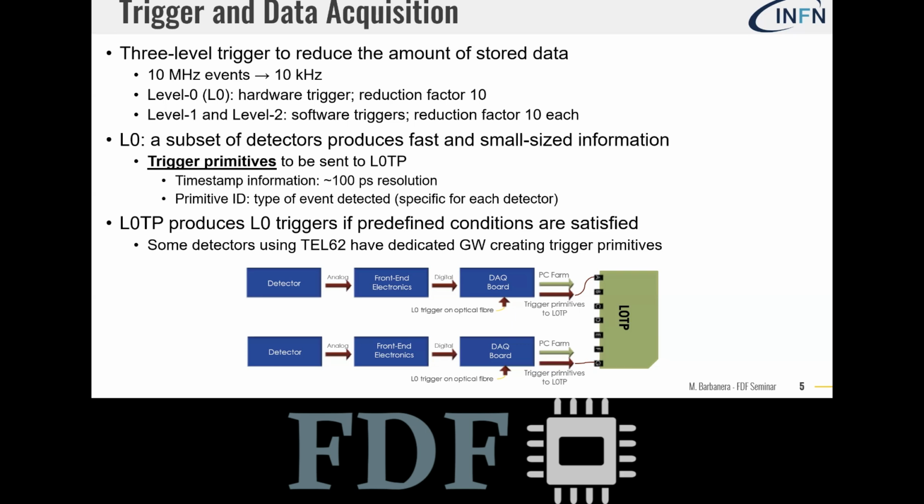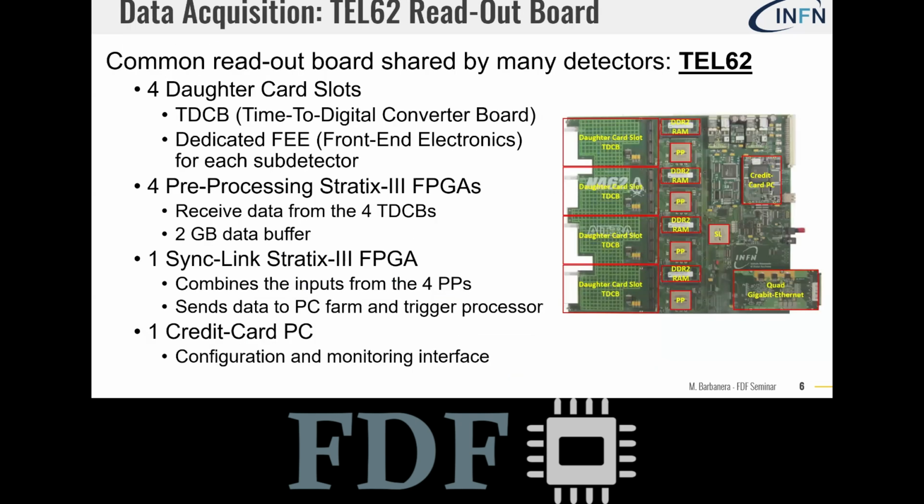Each of the detectors in the experiment has a specific readout board, but most of them share the same one, which is the one here on the right, which is quite generic, that can be adapted to all of the detectors, because there are 4 slots that can be used to connect daughter cards specific to the detector, so that the same board can be used for almost all of the detectors.